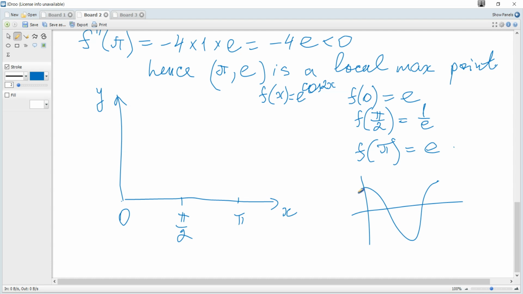It changes from maximum to minimum at pi over 2, and again to its maximum value, and hence for e to the power of cosine, you may suggest that it will do the same, so it will be maximum, minimum, and maximum. And since cosine is symmetrical for one complete revolution, our curve also will be symmetrical.